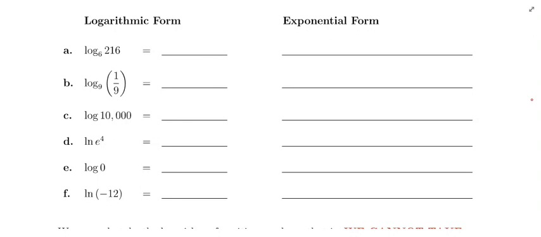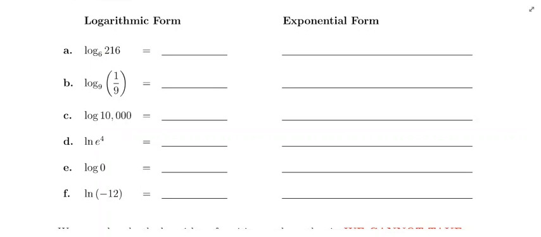You can tell it's the logarithmic form because you see log or ln. If you see one of those two things, you know you're dealing with a logarithm. In the exponential form column, we rewrite the logarithmic statement in exponential form. It will not have a logarithm present. The exponential form is used to explain the logarithmic form.